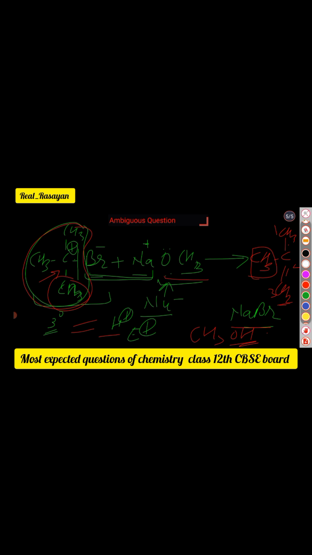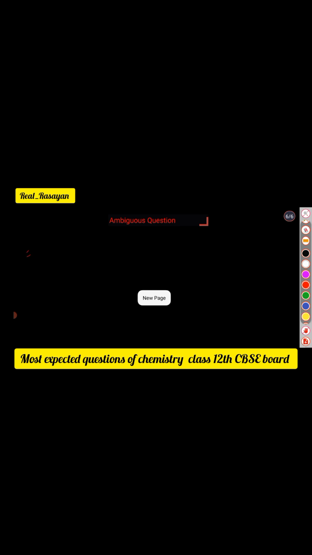Suppose you are given CH3 thrice ONa with CH3Br, then what will be the product?